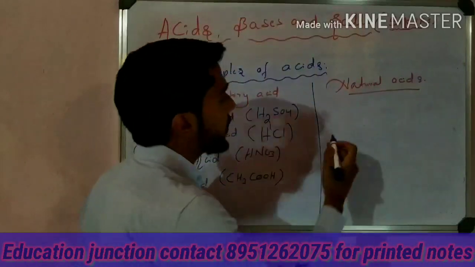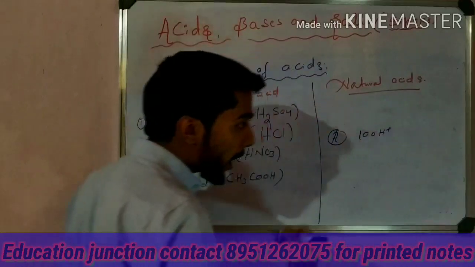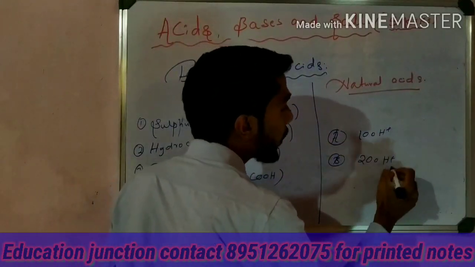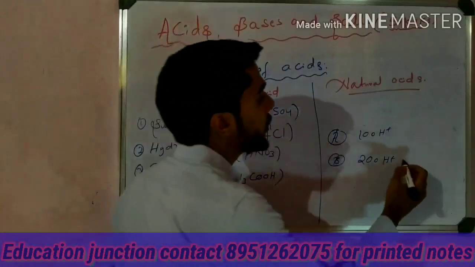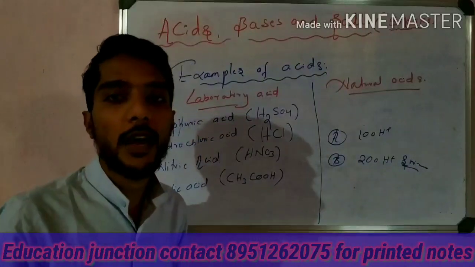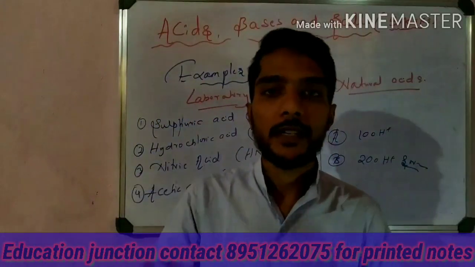If acid A gives 100 H plus ions and another acid B gives 200 H plus ions, which is strong? B is strong, because it gives more H plus ions.